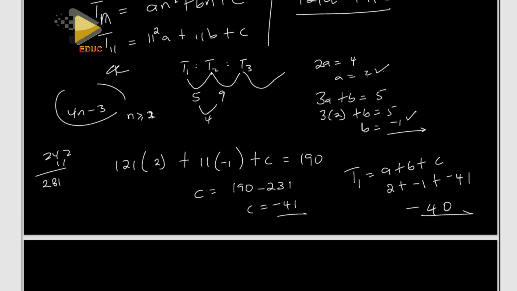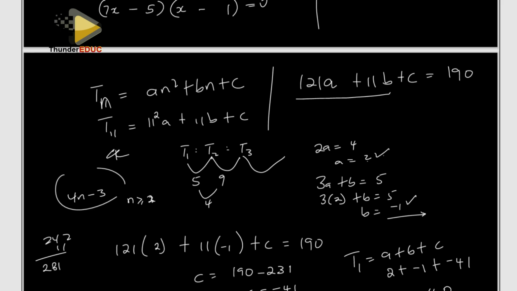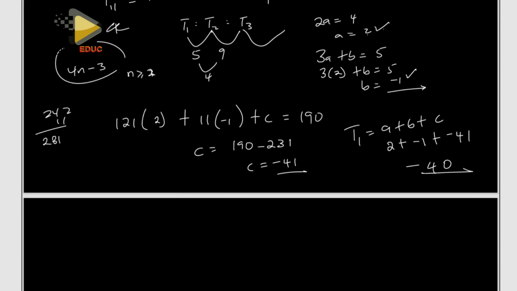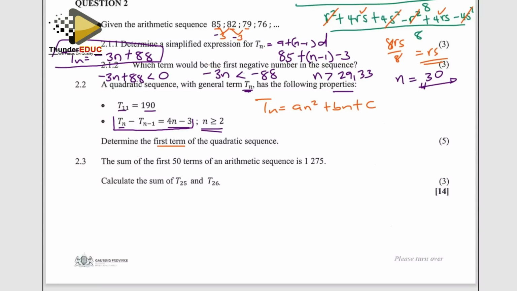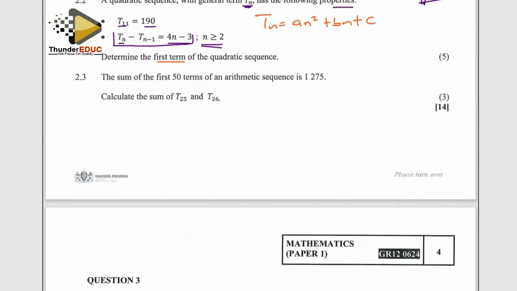Alternatively, you can just substitute into the Tn formula since you have your Tn. So it's going to be 2n squared minus n minus 41. Then put a 1 there. You get minus 40. I don't know, that's what I'm getting anyway. So you'll confirm if there are any errors. Please feel free to slot your comments down there.